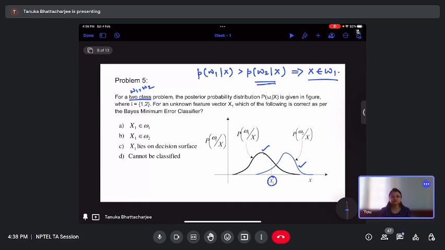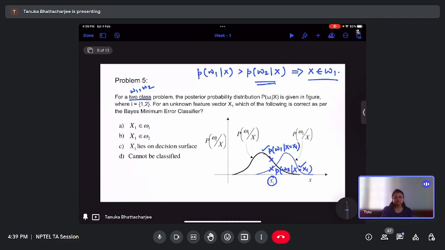If you first consider the first class omega 1, this is the value for the probability of omega 1 given x equal to x1. So given your feature vector x is x1, the probability of class omega 1 is this much, and this is the probability of class omega 2 given x equal to x1.